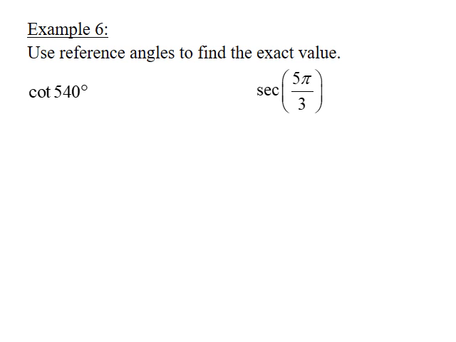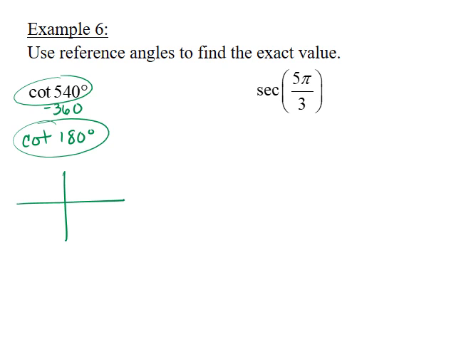Now what I'm going to do, so we talked about some angles where we could add or subtract 360 and get an equivalent angle. So if I subtract 360 from this, I end up with cotangent of 180 degrees. These two angle measures are the same because they differ by a multiple of 360.